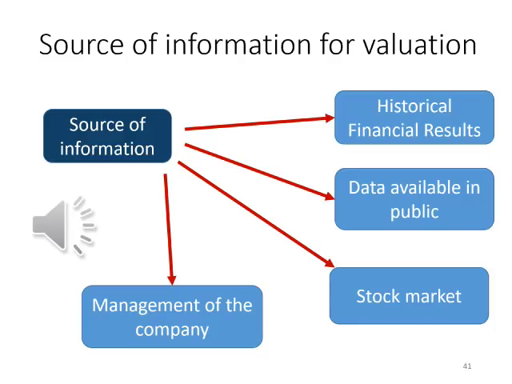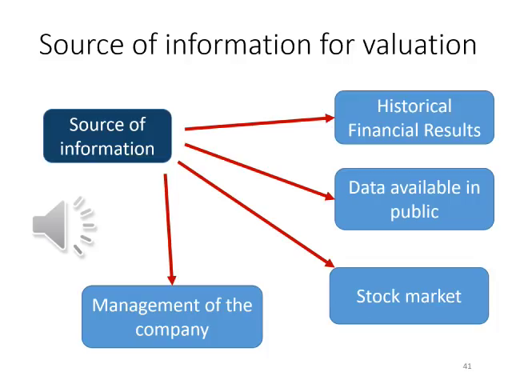Let's examine the main sources of information that we can draw on to perform a valuation. One is the historical financial results, so the historical accounts of the companies, the last 5 years of income statements and balance sheets.